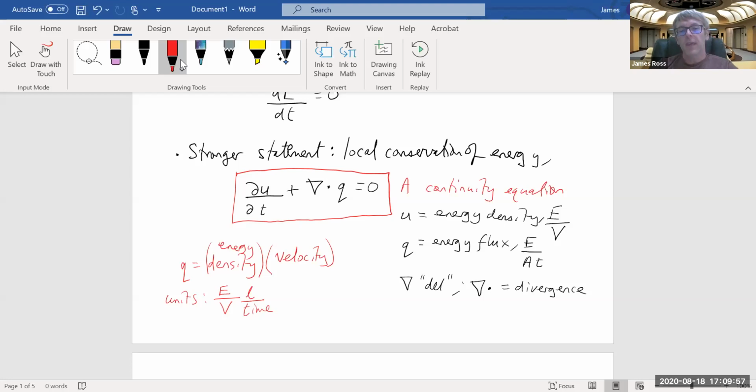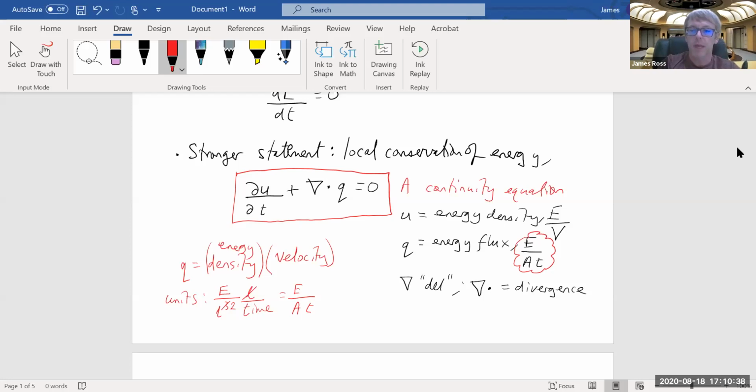Remember volume is length cubed, so we can replace volume here with length cubed. The velocity's length cancels one of those lengths out, so we get energy per length squared. Length squared is just an area, and then we've got time. So we get back to this unit here when we talk about energy flux. But because this is a density video, you can just think of energy density times velocity as the flux.